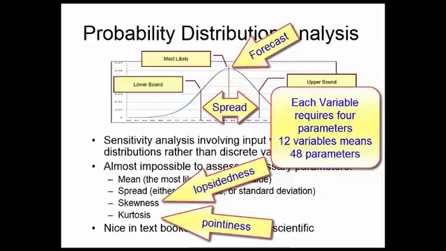And so in our case, where our model had about a dozen variables, that dozen variables turns from being about a dozen forecasts to something like 50 forecasts.